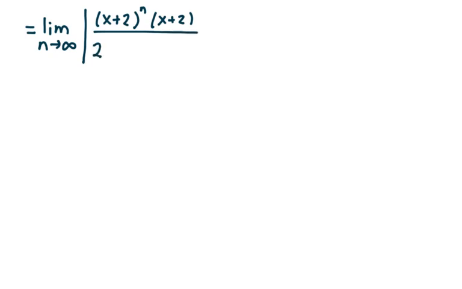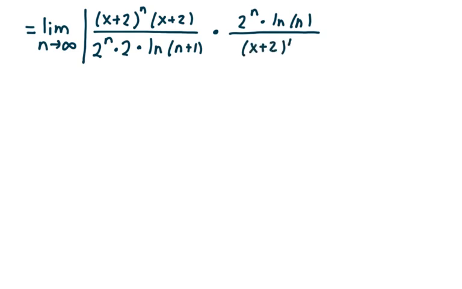So this can be written as the limit as n goes to infinity of the absolute value of (x + 2)^n times (x + 2) divided by 2^n times 2 times natural log of (n + 1), times, in the numerator, 2^n natural log of n, and in the denominator (x + 2)^n.